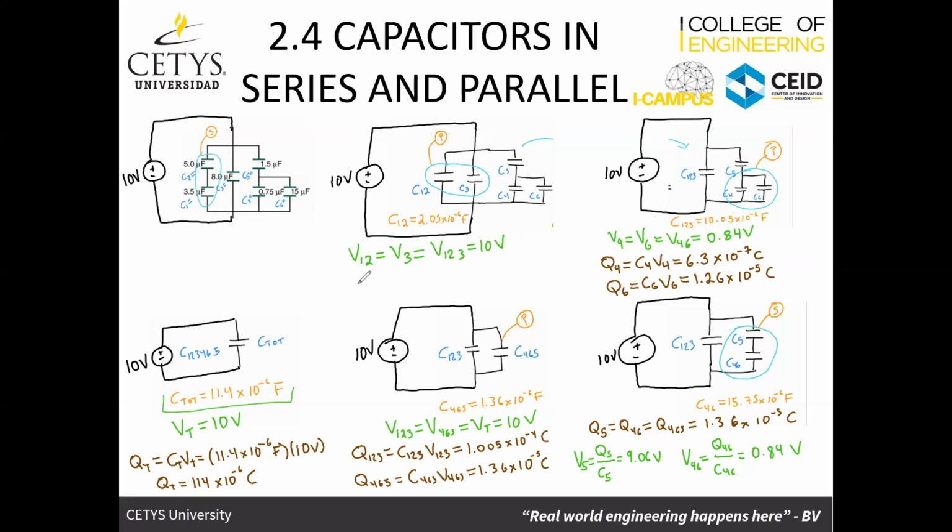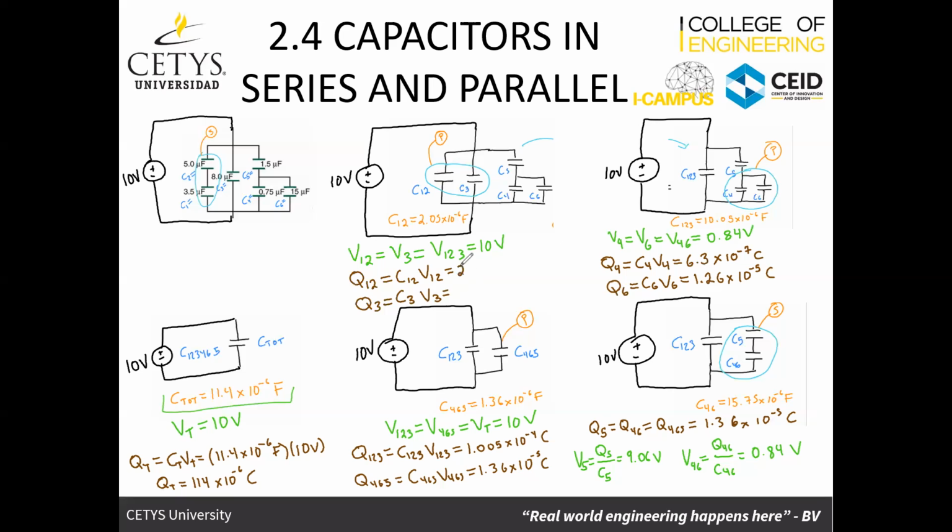What's going to be different is the charge. So charge 1, 2 is going to be equal to capacitor 1, 2 multiplied by voltage 1, 2, and charge 3 is going to be equal to capacitor 3 times voltage 3. So find those two, please. Actually, these are multiplied by 10, so it's easy. It'll be just the same, but -1.